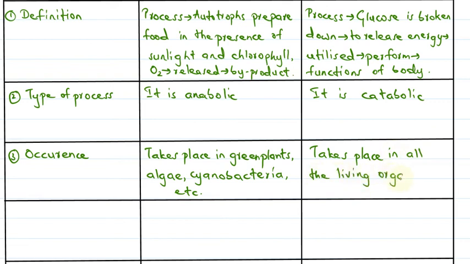All the living organisms perform the process of respiration, whereas photosynthesis is only performed by the autotrophic organisms like green plants, algae and cyanobacteria.